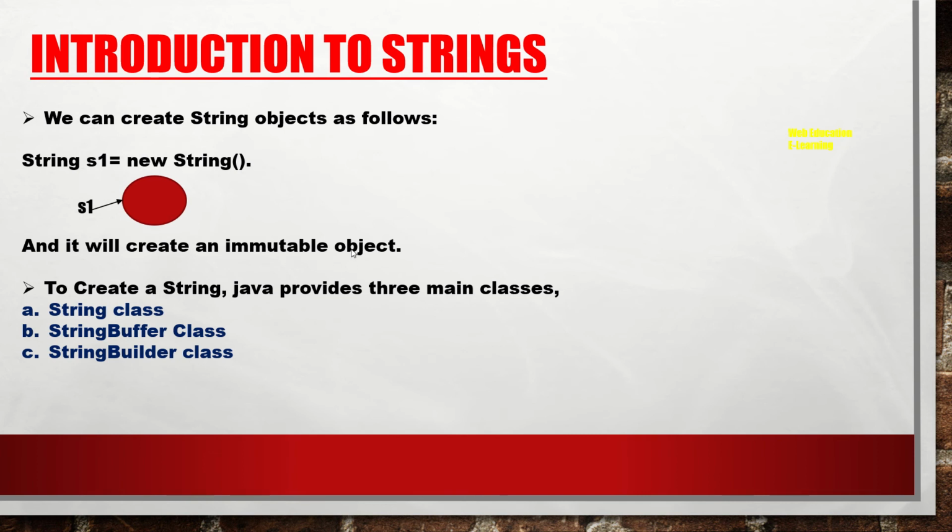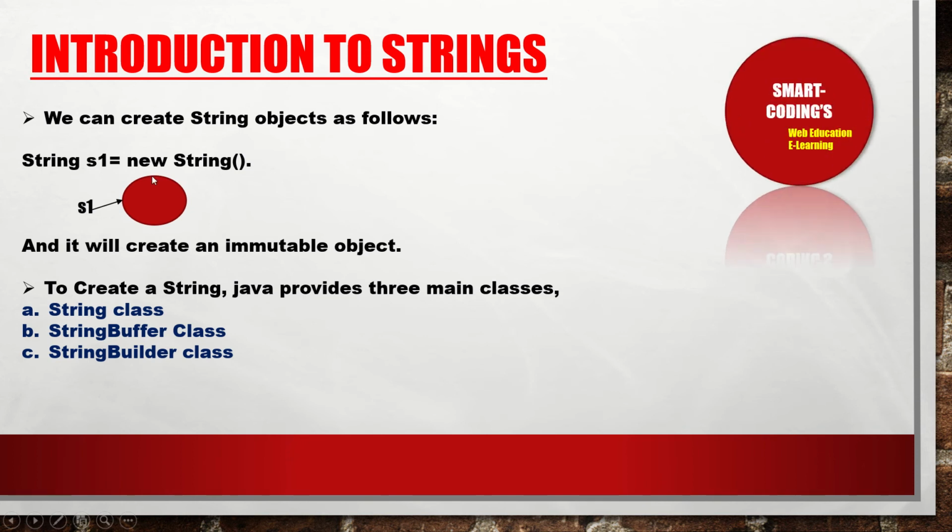Immutable objects means unchangeable or non-changeable objects. In this case we are creating an s1 string object, it will be immutable. That means we cannot change that string value, as the name immutable itself says, it is non-changeable or unchangeable.